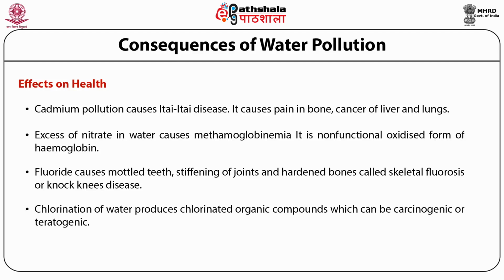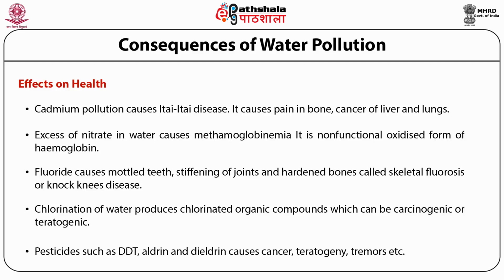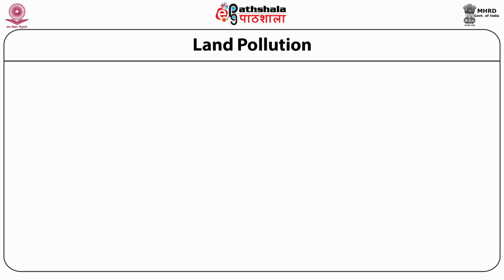Chlorination of water produces chlorinated organic compounds which can be carcinogenic or teratogenic. Pesticides such as DDT, aldrin, and dieldrin cause cancer, teratogeny, tremors, etc.